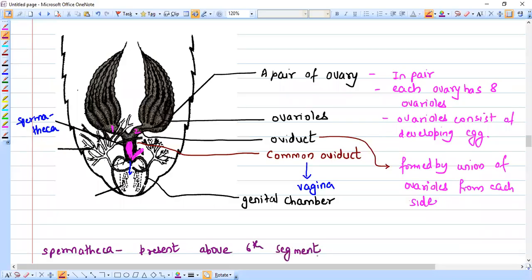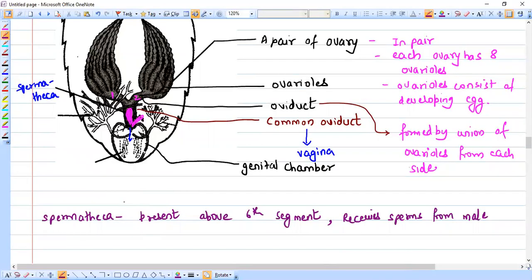What is the role of the spermatheca? It receives sperms from male during copulation. What is copulation? Basically mating. When male and female cockroach mate with each other, the sperm will be deposited and stored in the spermatheca.